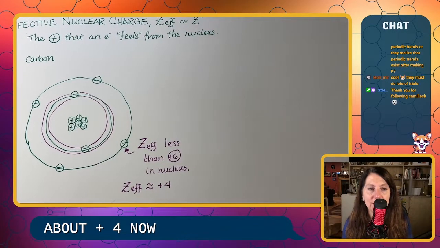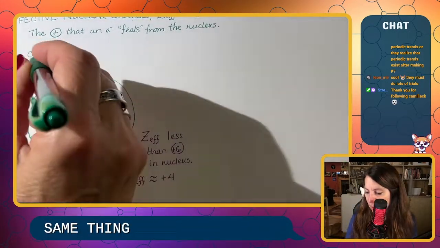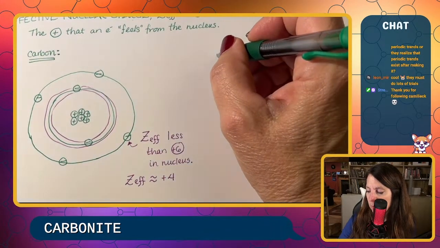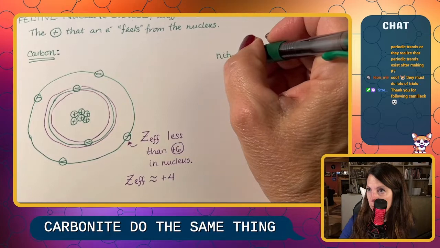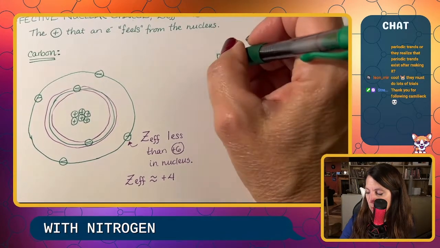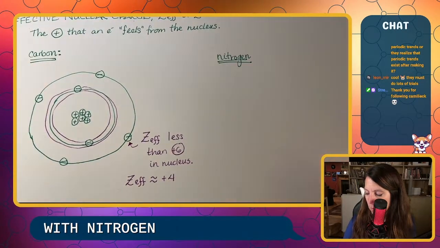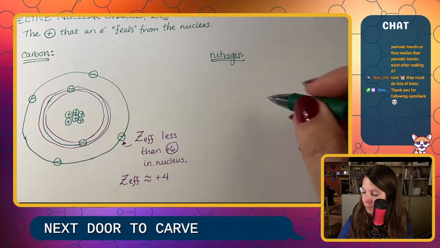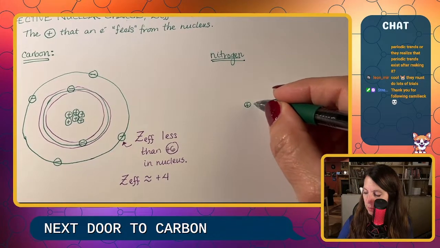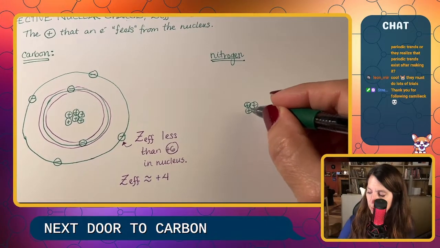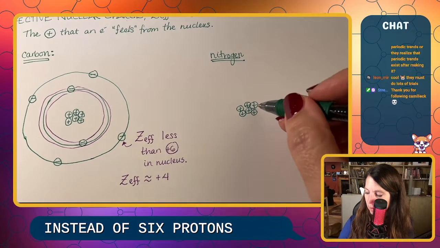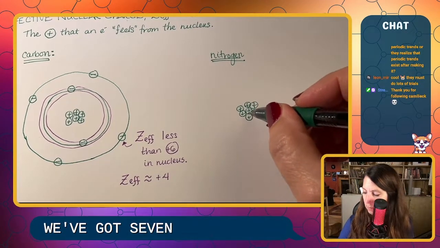Now, that was for carbon. Let's do the same thing with nitrogen. Nitrogen is right next door to carbon. So now instead of 6 protons, we've got 7.